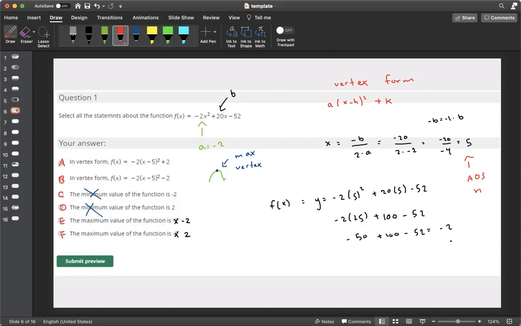And we need to know that this -2 is my max or min. In this case, it's a maximum. But this is also going to be my k value and what we call the y.